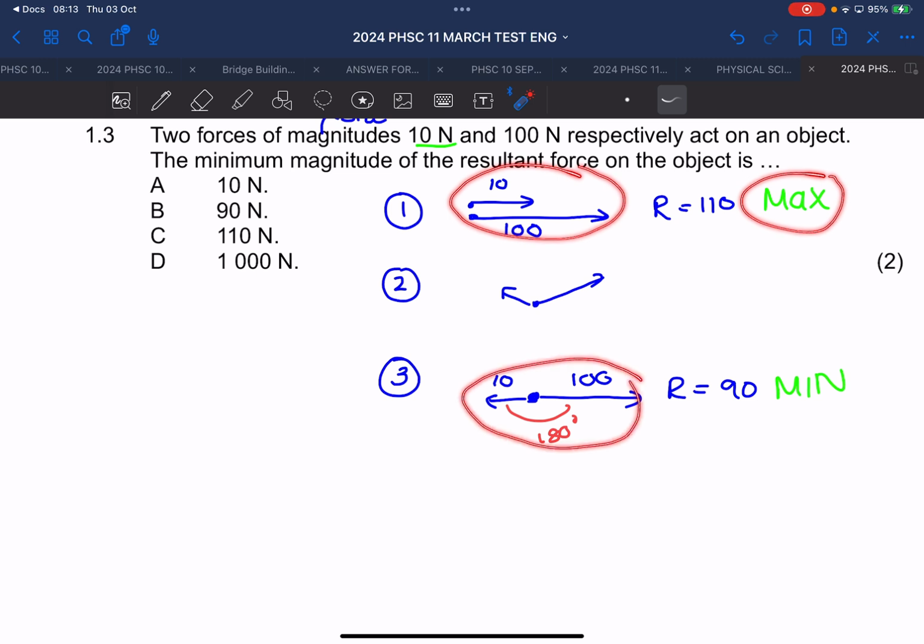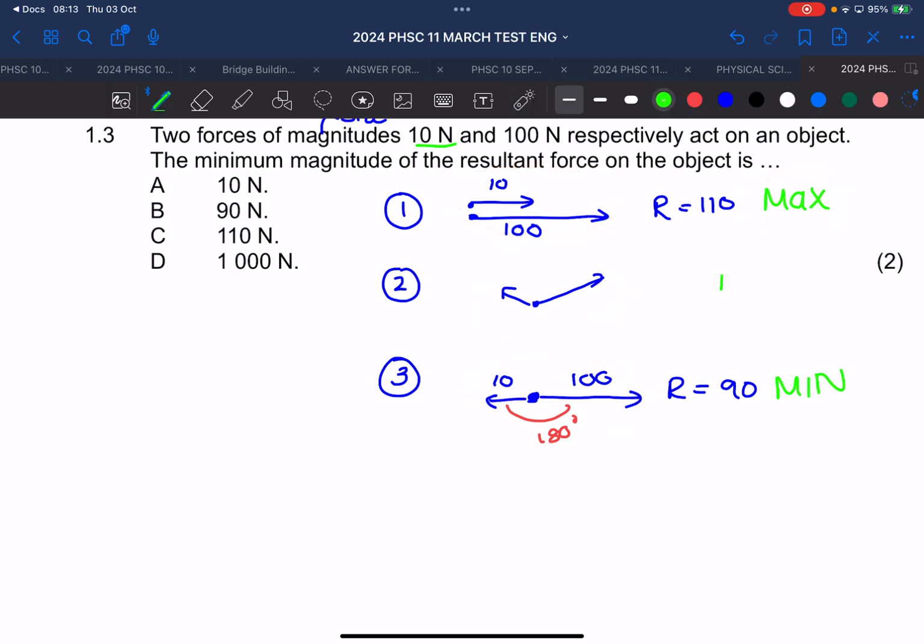If they're in opposite directions, it's the minimum. So this one here will be anything in between. So the resultant here will be greater than 90, but it will be smaller than 110.